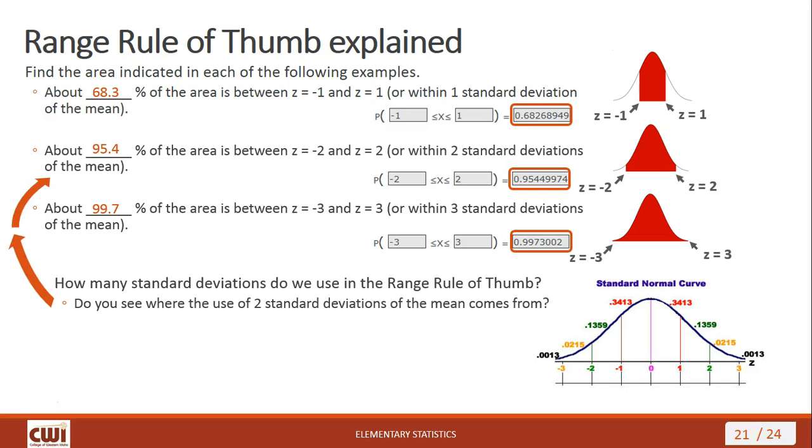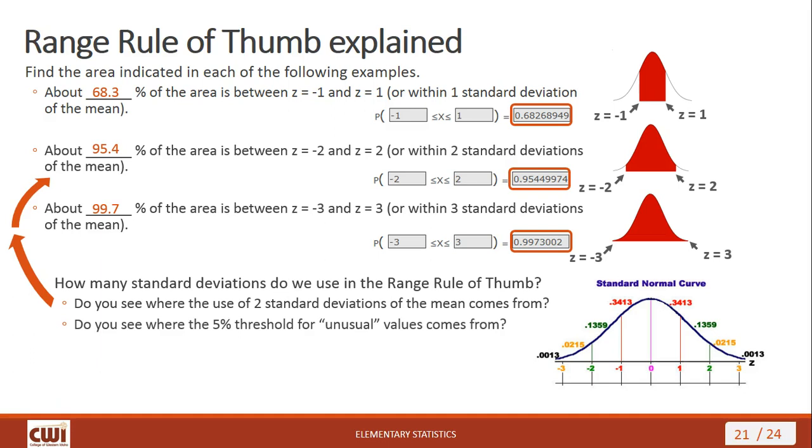It comes from the fact that 95% of our values are going to be within 2 standard deviations of the mean. 95% of the area underneath the curve lies within 2 standard deviations of the mean. And that's why we use the range rule of thumb with 2 standard deviations.